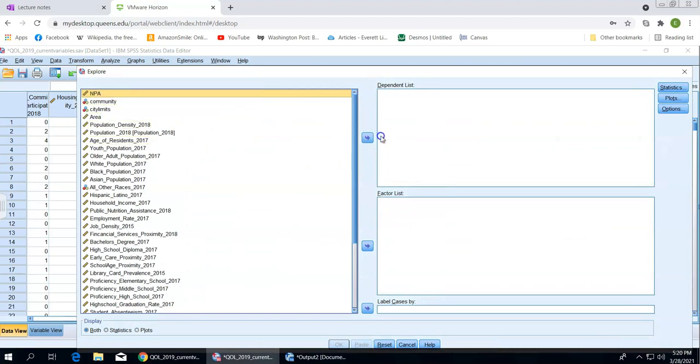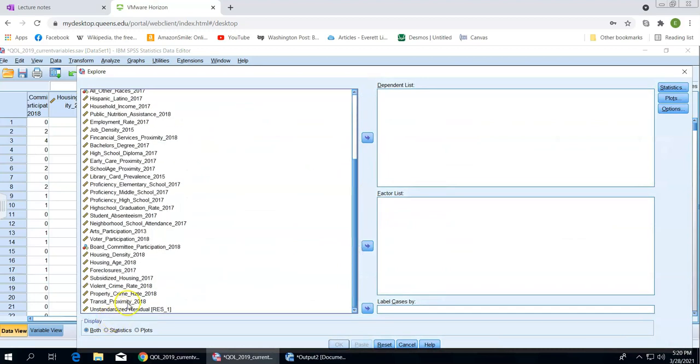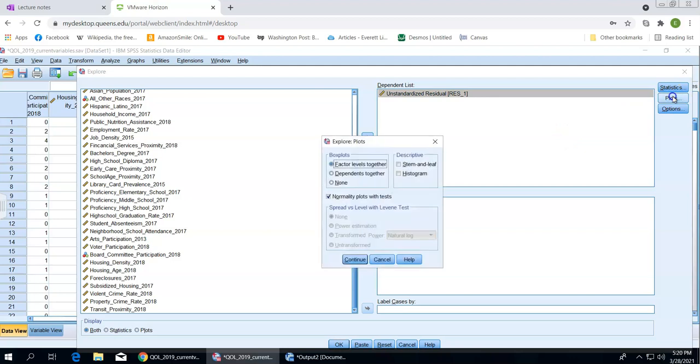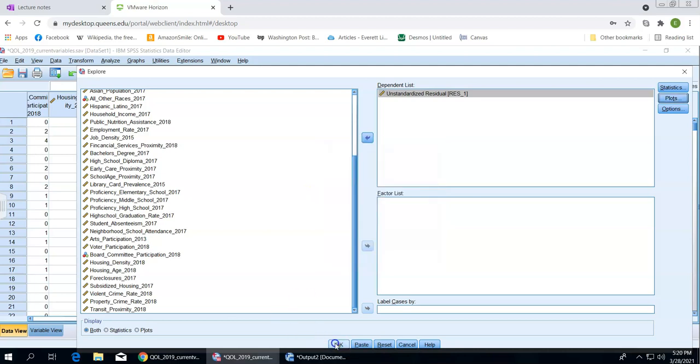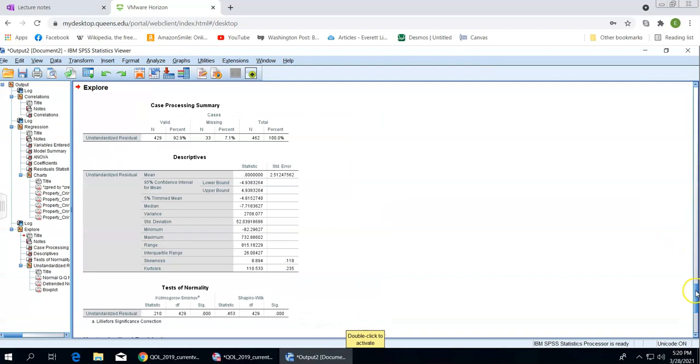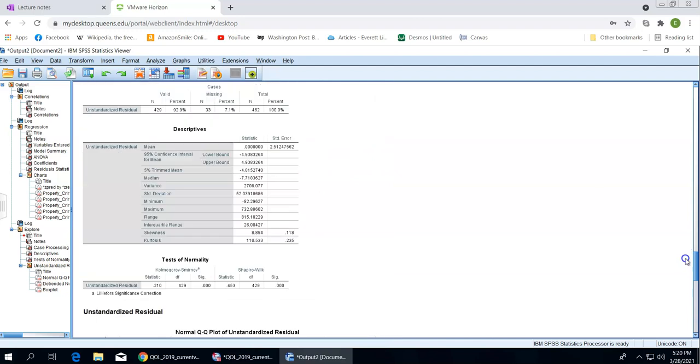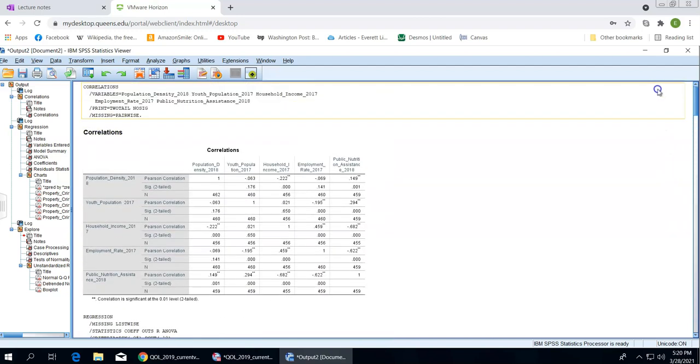So explore, our unstandardized residuals. And under Plots, we don't need our stem and leaf or histogram, but we do want the normality plots with tests. So click OK. And we've got everything that we're going to need now. Okay, and we'll go through all of this one by one.